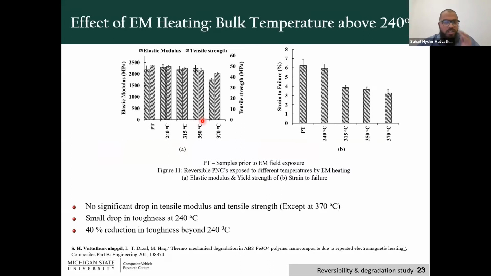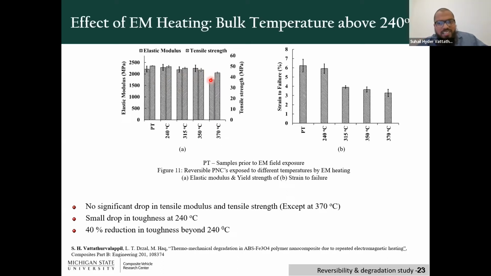Now, what is the effect of these heat treatments on the reversible adhesives? On the y-axis, you have the elastic modulus, and here you have the toughness or the strain to failure. You can see that the elastic modulus is consistent as it moves towards higher temperatures, because the monomers responsible for stiffness within ABS were still in place, but butadiene is the monomer responsible for the toughness.